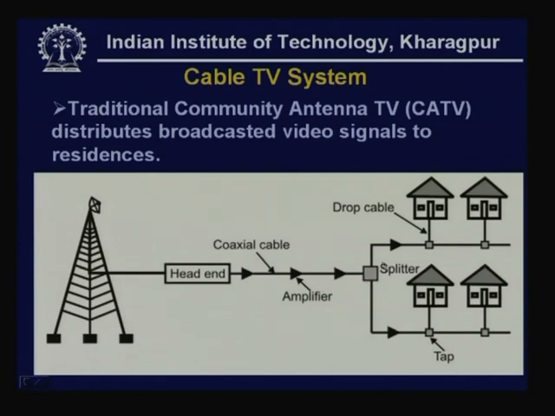Then with the help of a splitter, the coaxial cable is divided to distribute in a big residential campus, and here, as you can see, a drop cable is used which taps from the distribution cable, the coaxial cable, and takes it to the residences. So, this is the overview or the schematic view of the standard cable TV system.